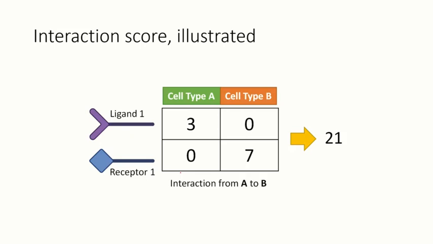So what that means is in cell type 1, ligand expression is 3, and this ligand's corresponding receptor expression in cell type B is 7. So the dot product between them, if it's big, indicates that probably cell type A highly expresses its ligand, while cell type B highly expresses its receptor gene for the corresponding ligand.